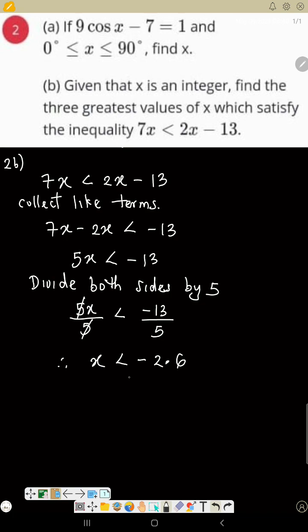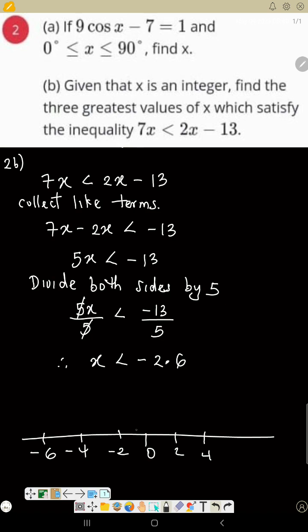Now what does this mean? s is less than minus 2.6. So if we represent this on a number line, let's say this is -2, -4, -6, and this positive side 4.